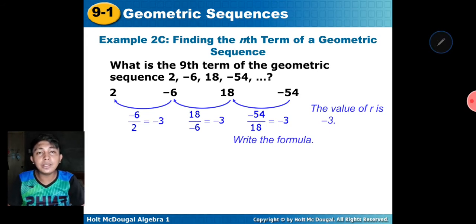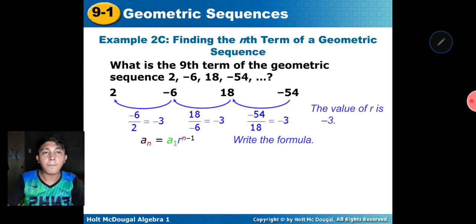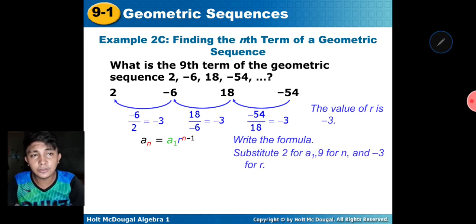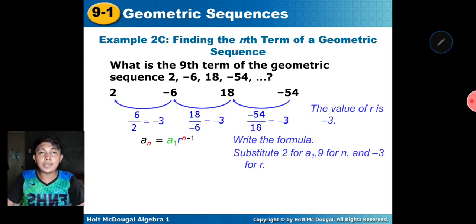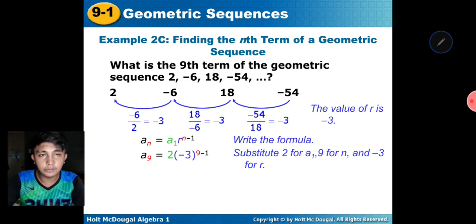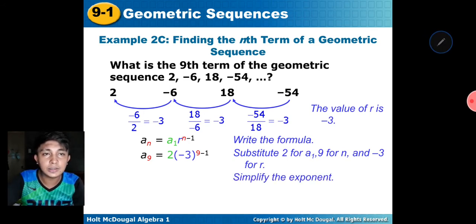So, again, we should not forget to write the formula. Okay, a sub n is equal to a sub 1 times r raised to n minus 1. We substitute 2 for a sub 1, 9 for n, and negative 3 for r. So, we simplify the exponent. 9 minus 1, we have 8.